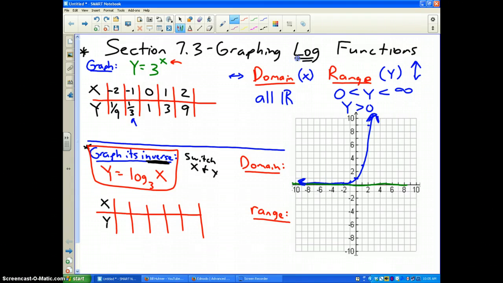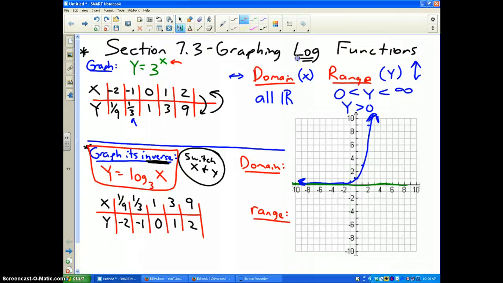Well, all we need to do then is take our table values and switch them around. Because that's its inverse. You switch the x and the y. So now my x's become 1/9, 1/3, 1, 3, and 9. And my y values are -2, -1, 0, 1, and 2. Switch them.